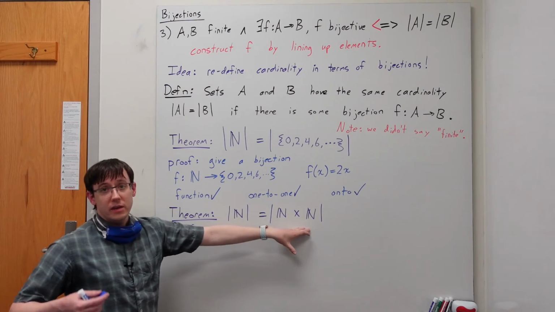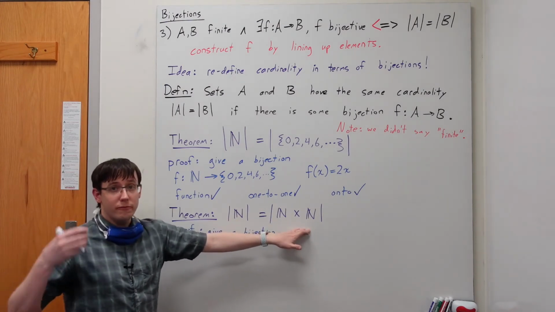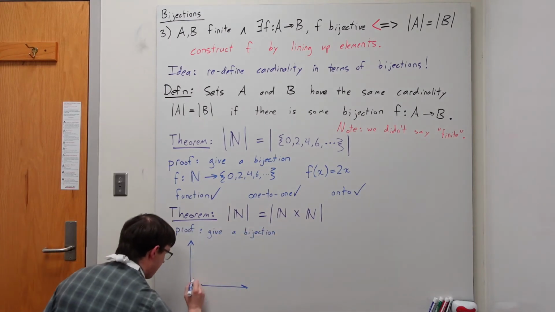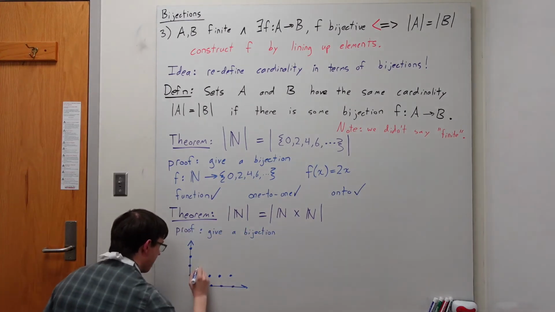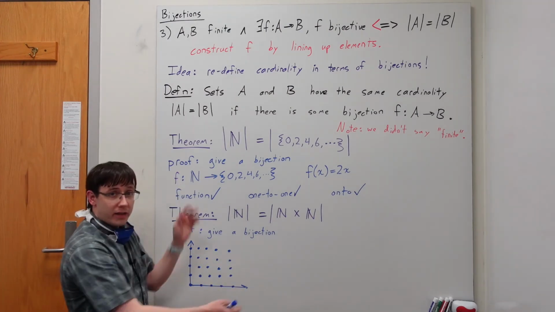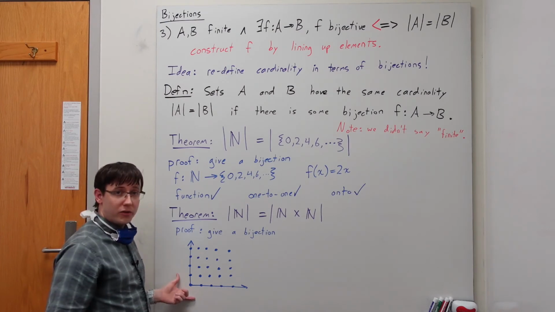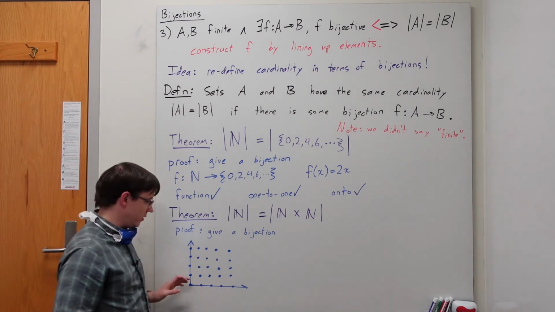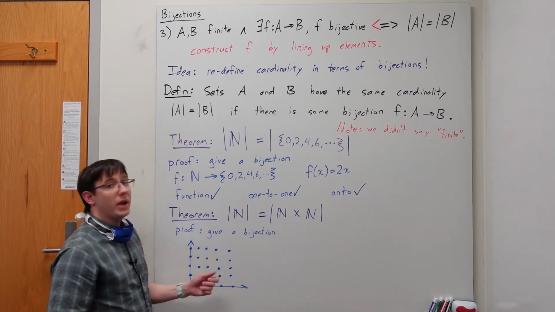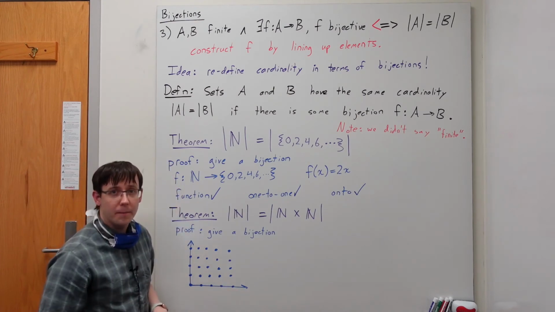Well, the Cartesian plane gives us a great way of visualizing pairs of integers. If we lay out the points in the first quadrant of the plane that correspond to integer coordinates, then we will have listed all of the pairs of natural numbers by plotting them on the plane.